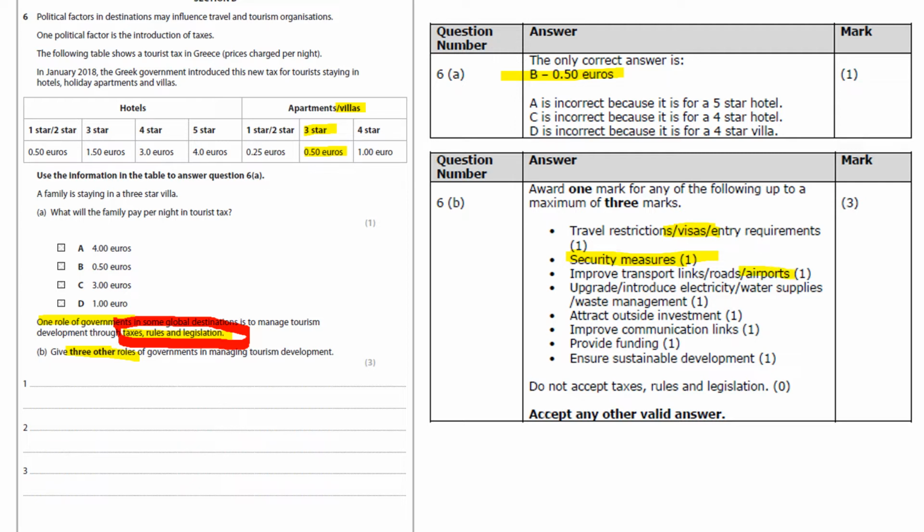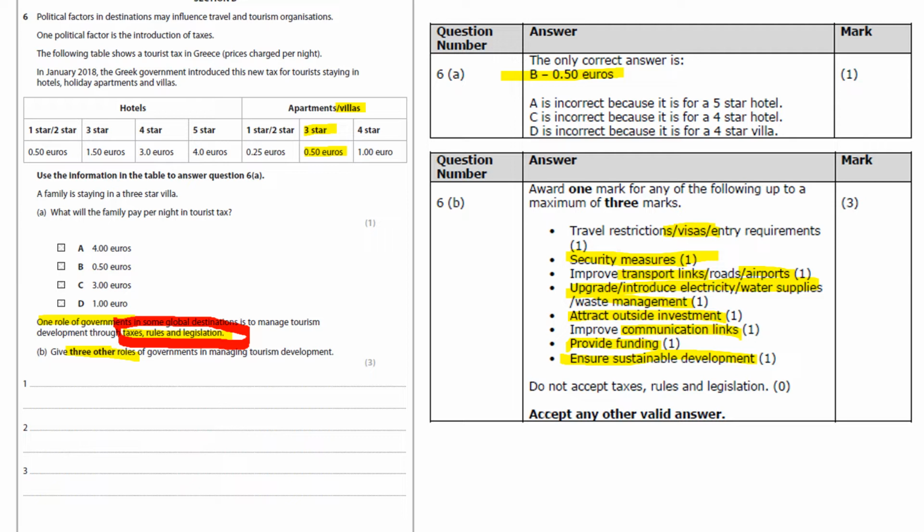It could be about the quality of the airports or the transport links, about providing trains, roads, etc. It could be about water management, electricity, water supplies. It could be about encouraging outside investment, from other firms, companies, or countries. It could be about communication, about providing the internet, for example. They could provide money to companies to go there. Or they could be protecting the environment and ensuring sustainable development. So any of those gets you a mark.